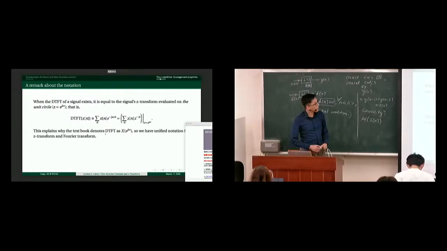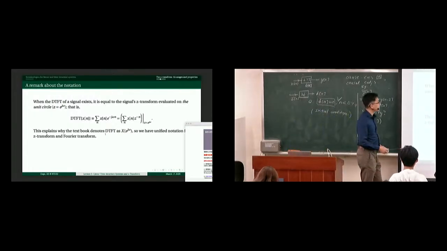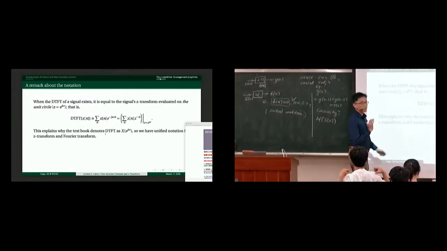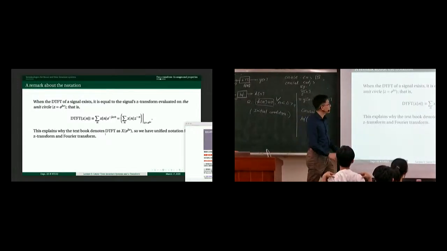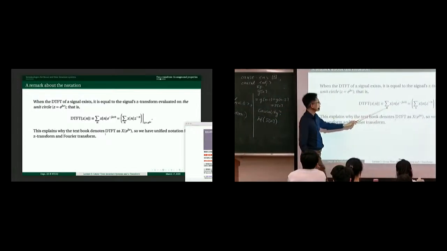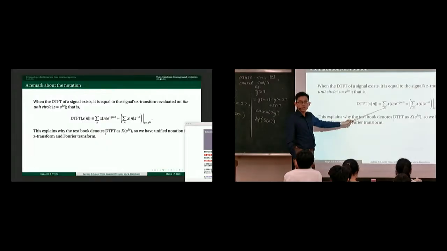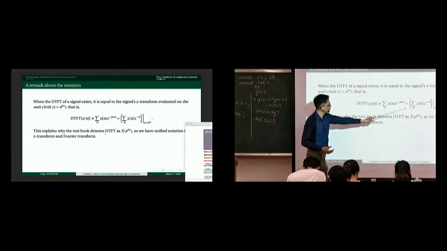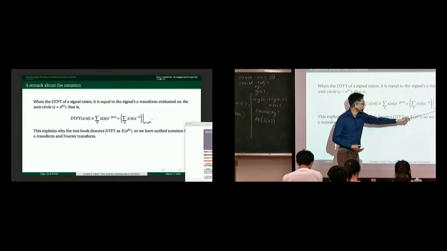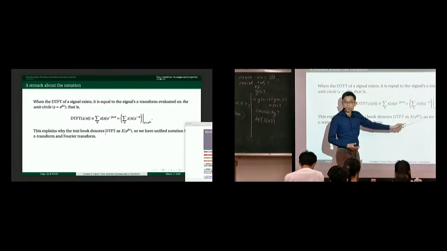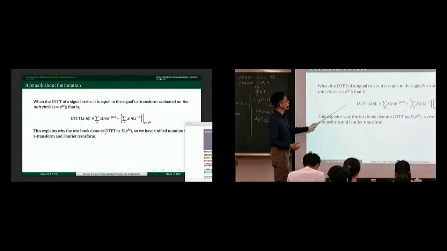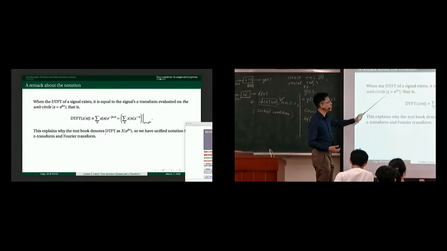And next week, I want to introduce to you the relation between Z transform and DTFT. So next time, this will hopefully be clear: DTFT is Z transform evaluated with Z equals e^{jω}. Or DTFT is Z transform evaluated on the unit circle.